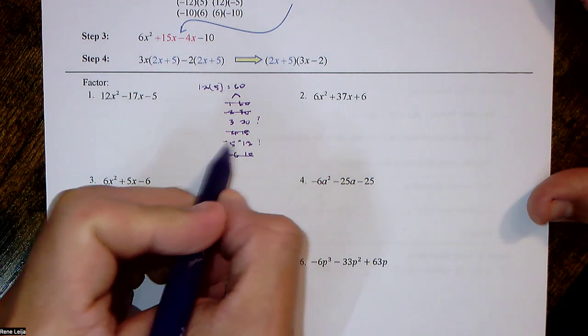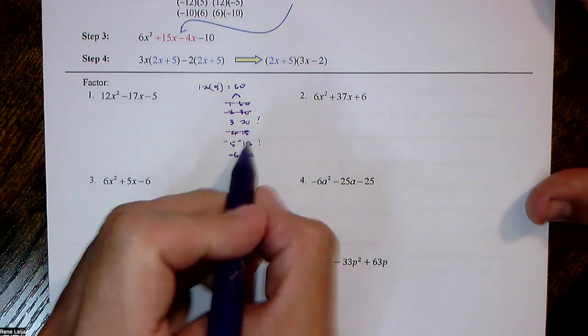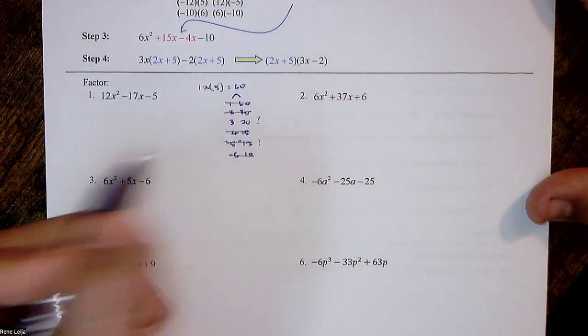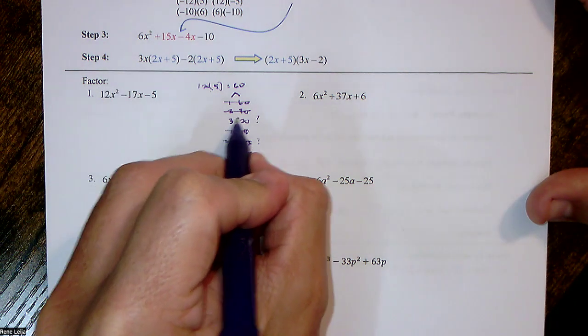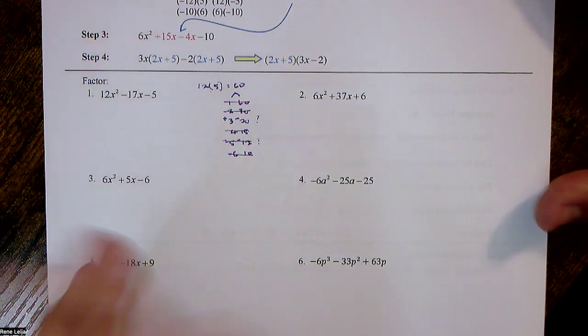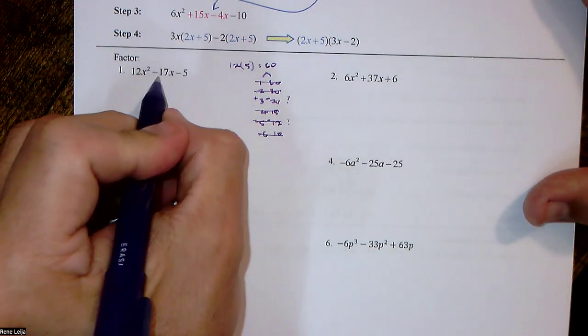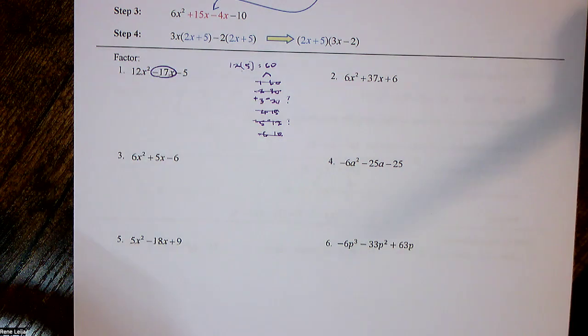If I multiply two negatives, I get a positive. So this is not going to be it. This is the one that I want, the 3 and the 20. So the 20 has to be negative, the 3 has to be positive. Okay, so that is going to rewrite my middle term.